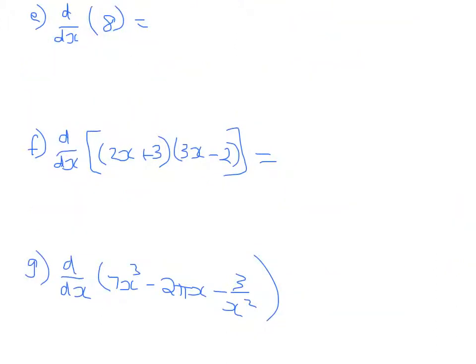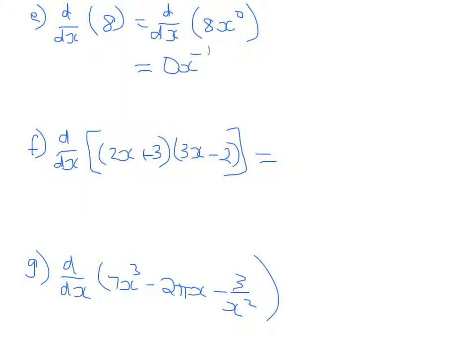Okay, and the final 3. Now the first one, a constant, a number. We don't have any rules for that. However, what if I rewrote it as 8x to the 0, similar to the last one. That's correct, x to the 0 is 1, so that is equivalent in its expression. And if we apply our differentiation rules, 0 times 8 is 0, x to the minus 1.